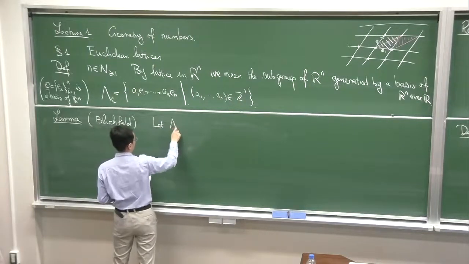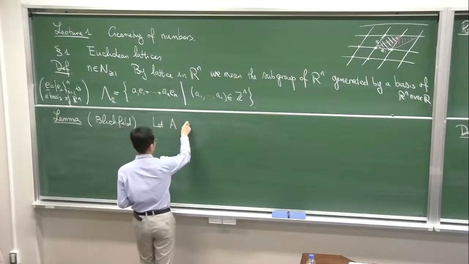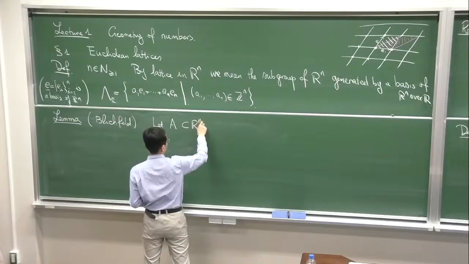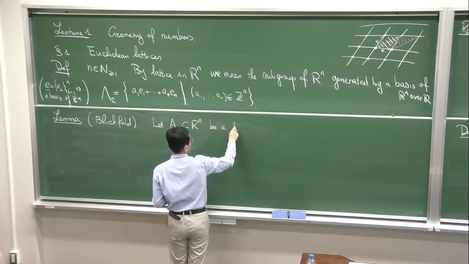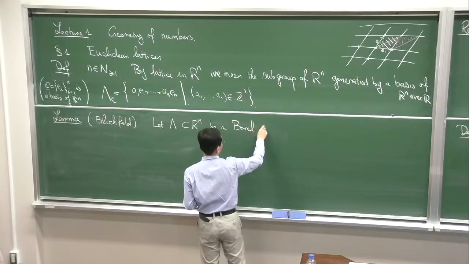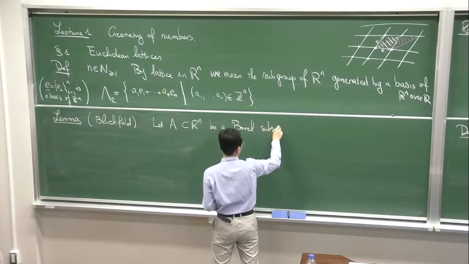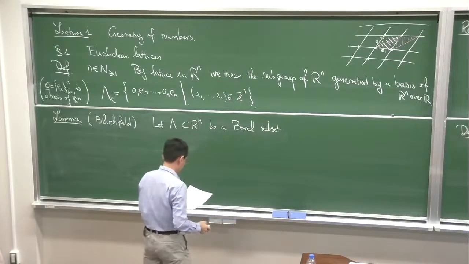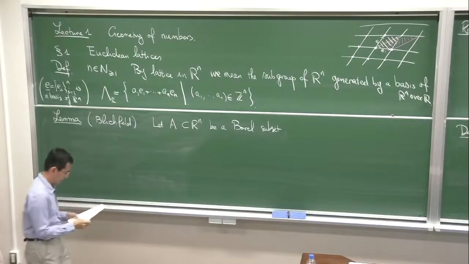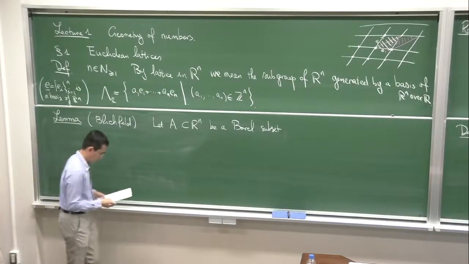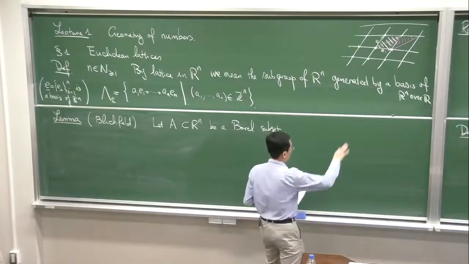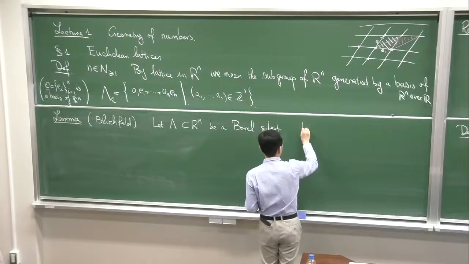So it's rather general. You take simply a Borel subset A, and you can count the lattice points in the Borel set.